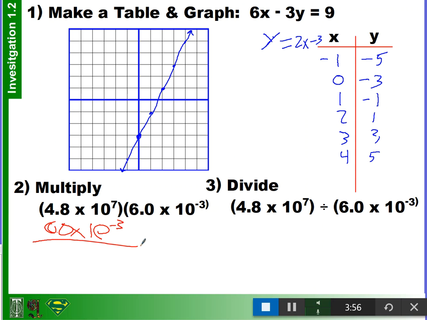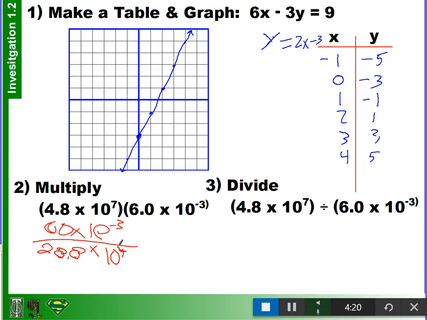Since these are like terms, you can just multiply these, which will give you 28.8. And to multiply the powers of ten, you just add the exponents. So 7 plus negative 3 is 4. So then you get 10 to the 4th.